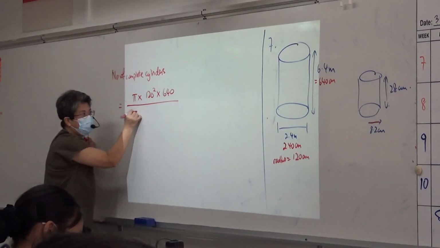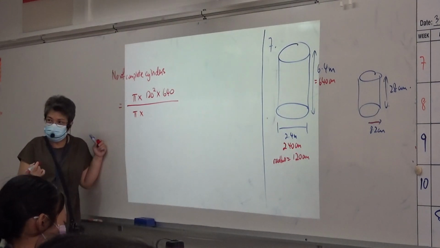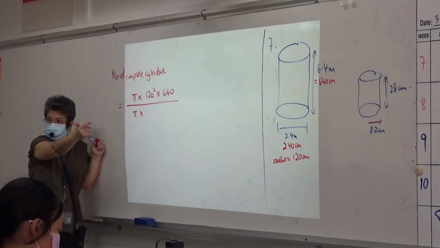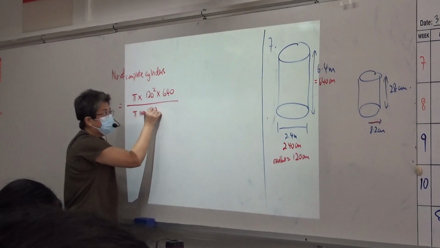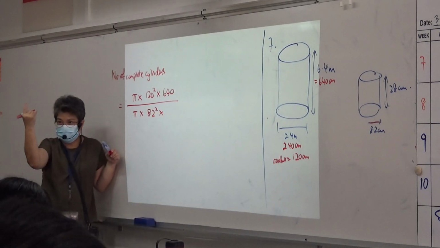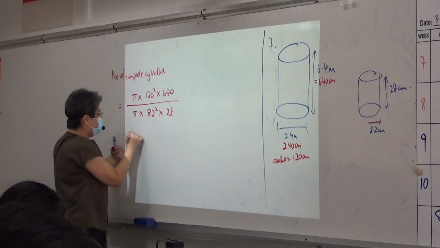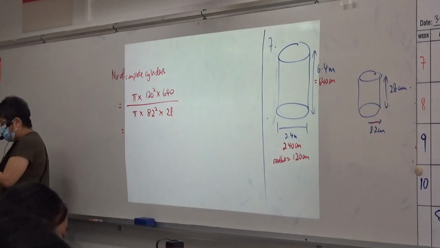Can you tell me? Pi? It's still pi r squared h, but what's the r there? 8.2 square. What's the height? 28. Okay. All of you key this one onto your calculator.